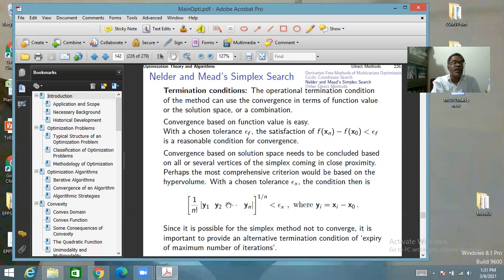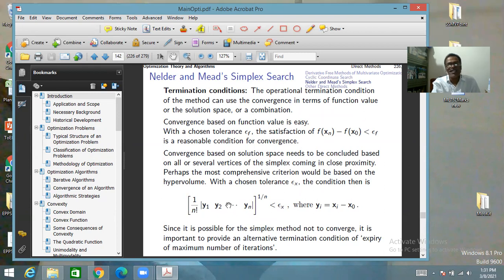Now, there is a little issue here. In principle, for the simplex method, it is possible not to converge. Therefore, you also need to keep a check on how many iterations you have conducted. So you can say that more than 1000 iterations I would not conduct. Because typically, if it has to converge, it converges within 200, 300 iterations at most, mostly not even that.